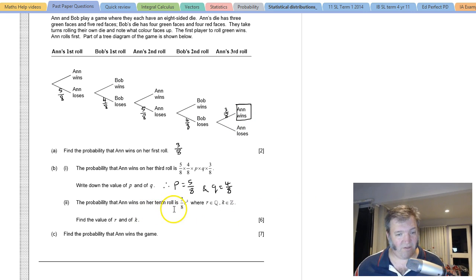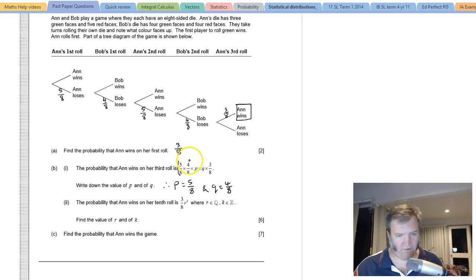The probability that Anne wins on her 10th roll is 3/8 times r to the power of k. R is an element of Q and k is an element of Z. Find the value of r and k. All right, what are we going to do here? Well, if you have a close look, we've got a little clue in our last diagram there.